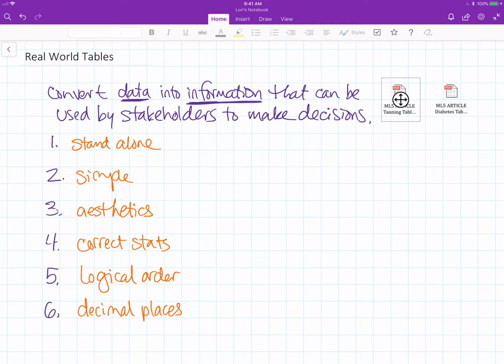We're going to be taking a look at a couple of tables that are examples of some good things and some things that could possibly be improved.